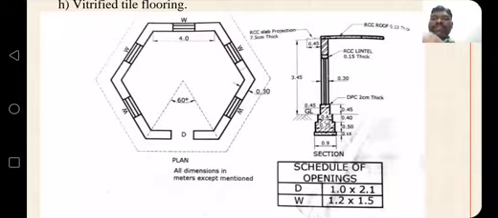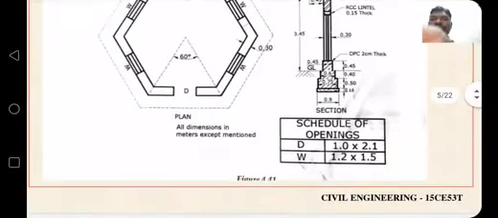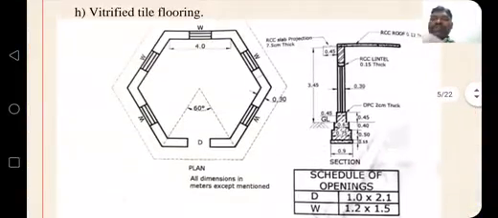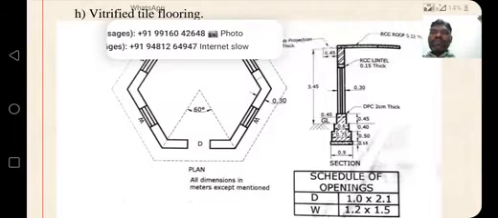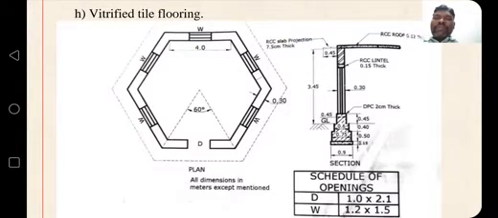The basement height is 0.45 meter. Total roof height is 3 meter.